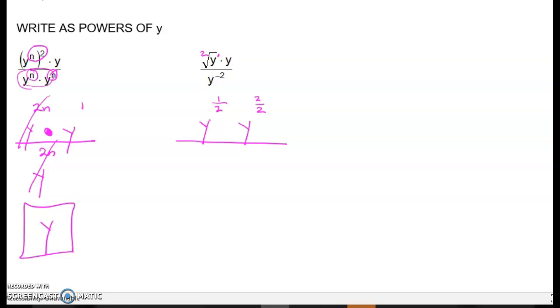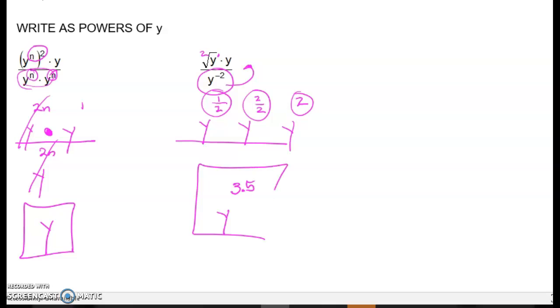Maybe. And y to the negative 2, well, it's not happy down there. Let's bring it up. It'll become y to the positive 2. So if I add these all up, I have y to the 2 plus 1 plus 1/2. That would be y to the 3.5 power. And that would be okay. We could leave it like that.